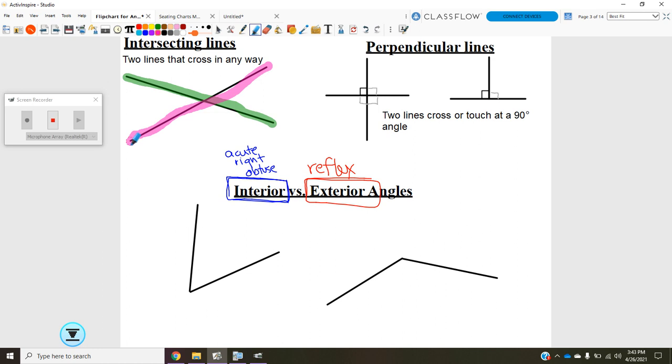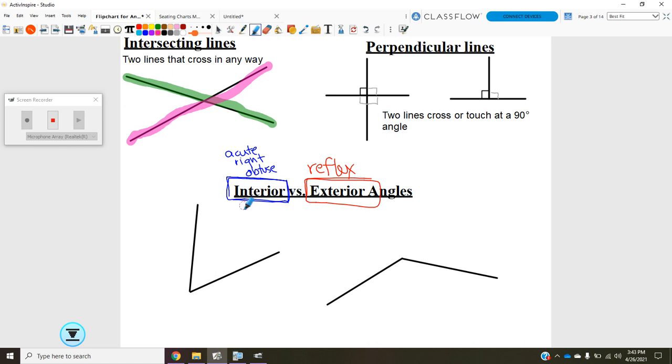Think about where two roads cross, we call that an intersection. Perpendicular is two lines that cross in a very specific way. They cross at a 90-degree angle in particular, and it could be a plus shape, or this upside down T shape.